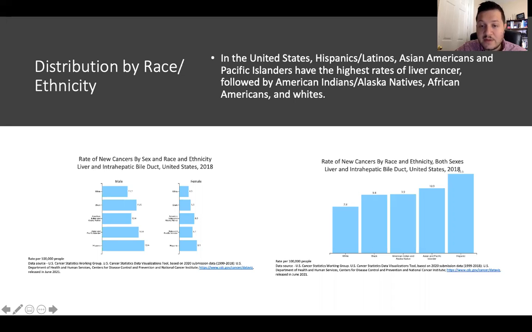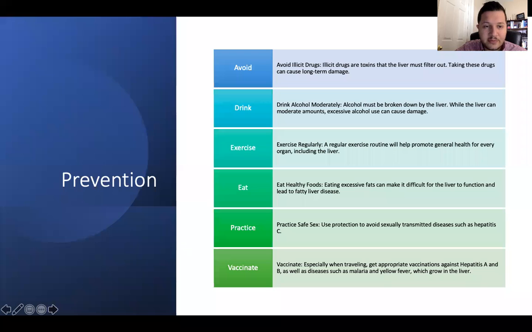So whites tend to have the least amount of cancer morbidity versus Hispanic populations in the United States. This is based on the 2018 data as well from the CDC. It's also important to realize that we tend to see these distributions across several other cancers or diseases in the United States.